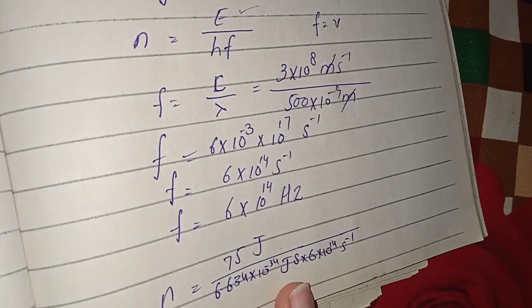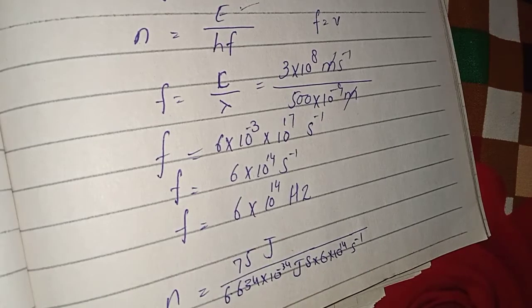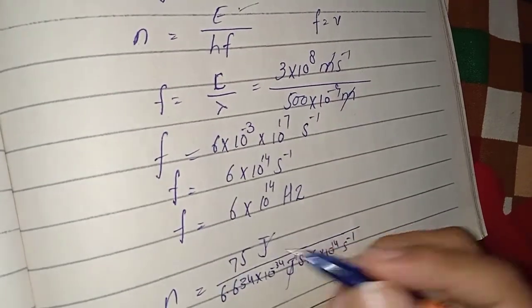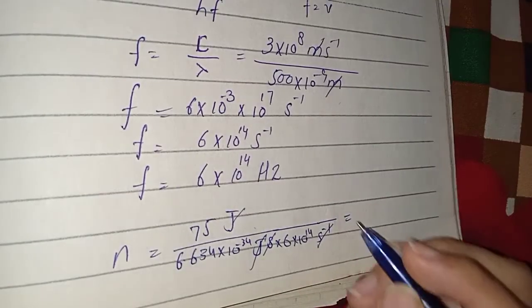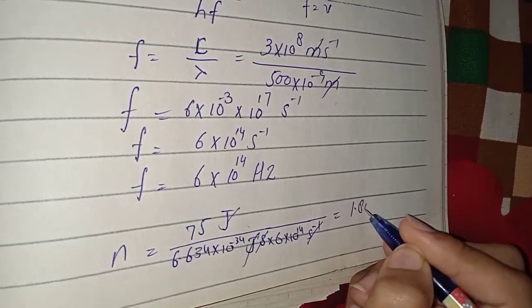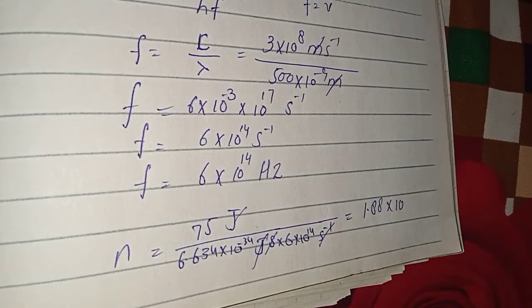I also put the unit here so that you can get a clear idea that the number of photons doesn't have any unit, because joule will be cancelled with joule, and second will be cancelled with per second. After solving this equation, I get the value of number of photons, which is equal to 1.88 into 10 raised to power 20.